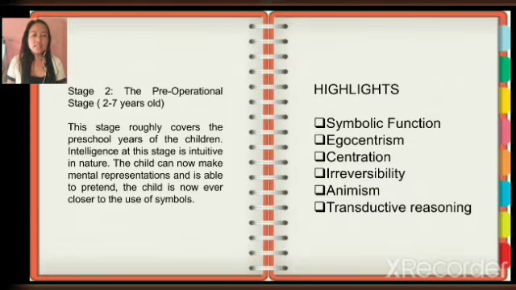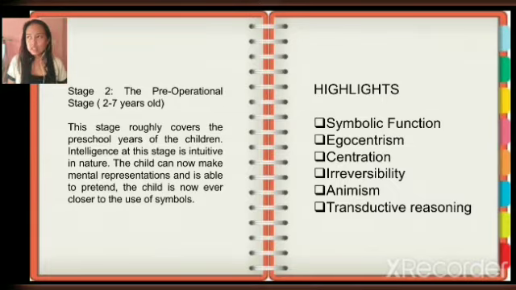And then the baby develops object permanence, in which they learn that a certain object continues to exist even if it cannot be seen. So they are separate beings from the people and objects around them. They realize that their actions can cause things to happen in the world around them.